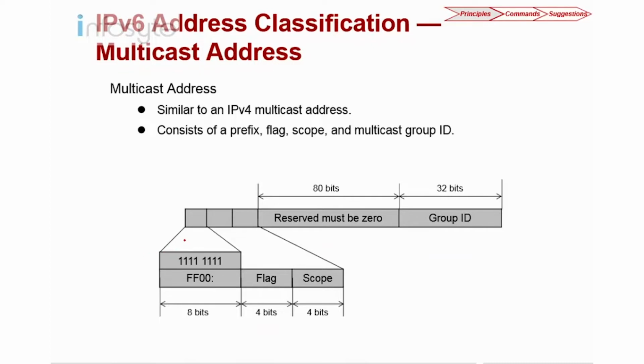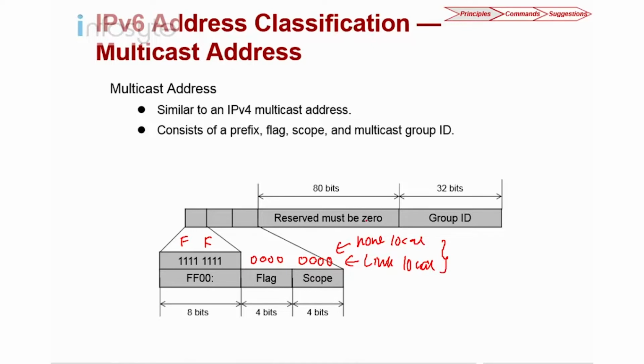It's because it always starts from FF. And the flag, in most cases, is 0. And we have different numbers for the scope. So the scope here basically refers to how far this multicast can travel. For now, we have node local as well as link local. We are going to look into these two more in depth.